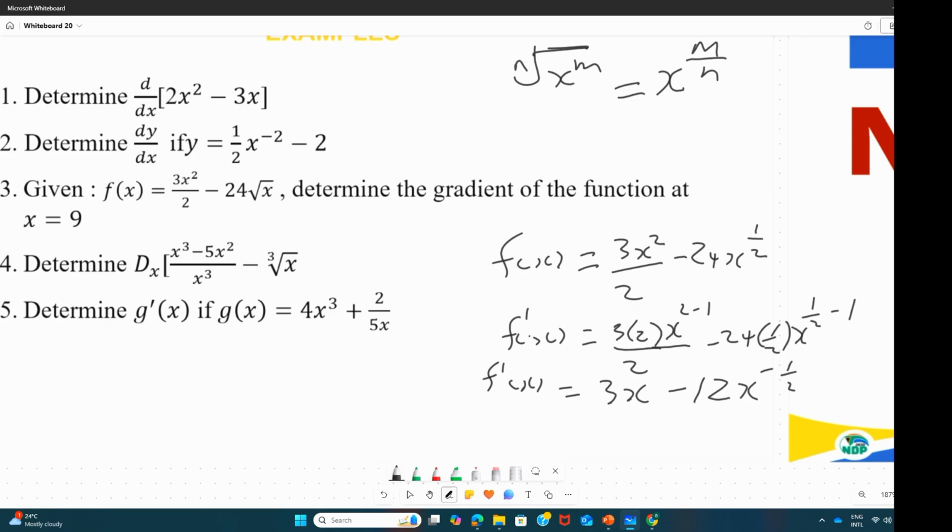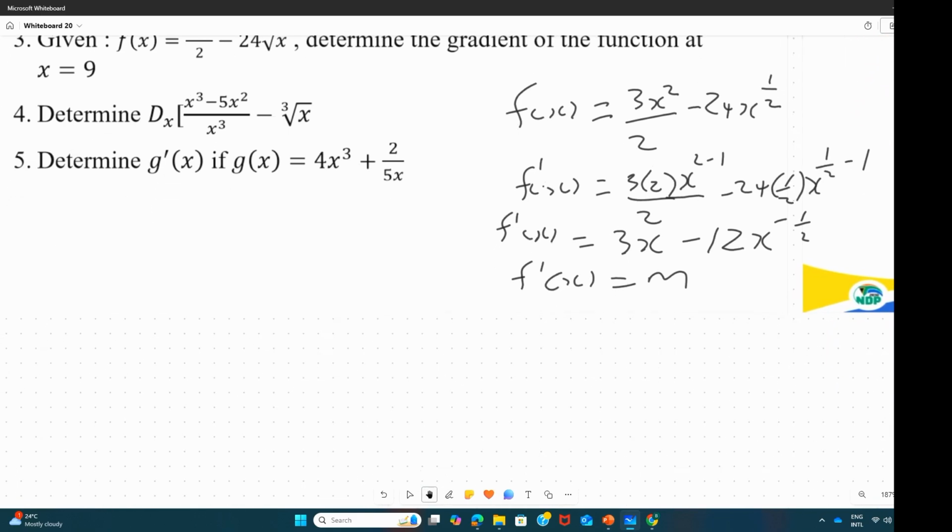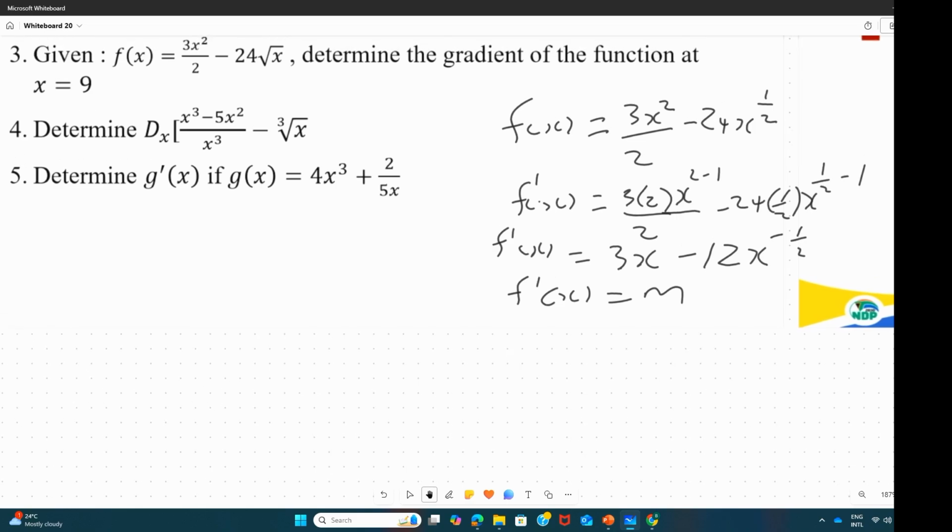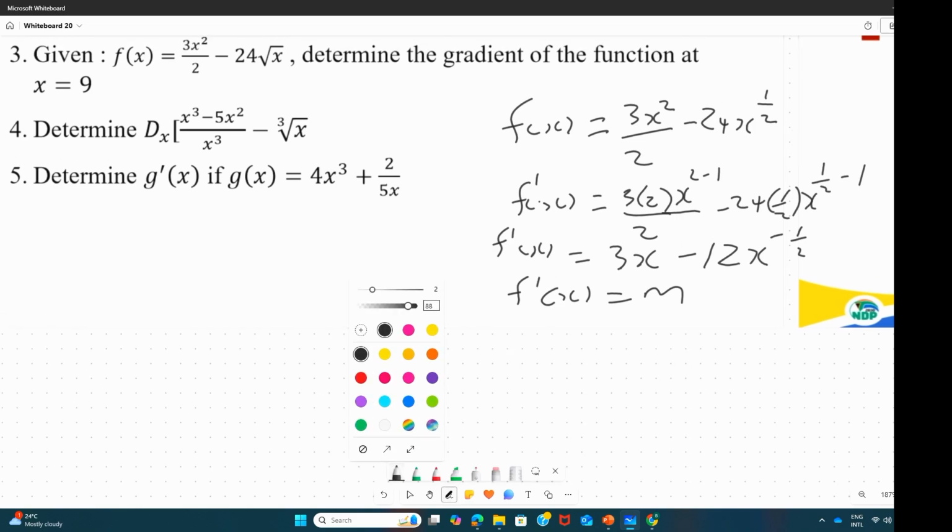Now, you don't end here because the question was looking for the gradient of that function at that specific point, which is x equals 9. So to get that gradient there, we know that f prime of x is equals to the gradient of the function. So if we want the gradient now of this function, we just substitute the x value there.